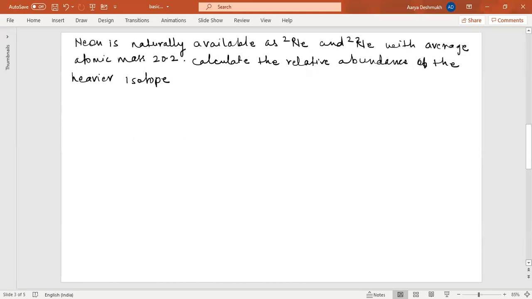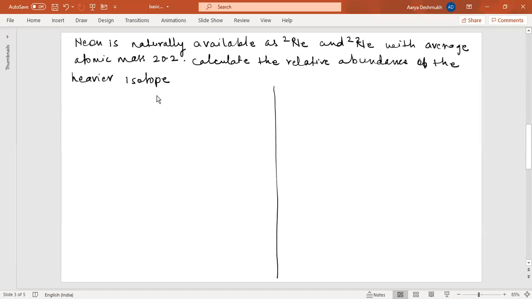Neon is naturally available as Ne20, this is the atomic mass of this neon, and 22. These are the two isotopes of neon. The average atomic mass is also given. Now calculate the relative abundance of the heavier isotope. So you can solve this problem on the same lines as we did for the earlier problem.